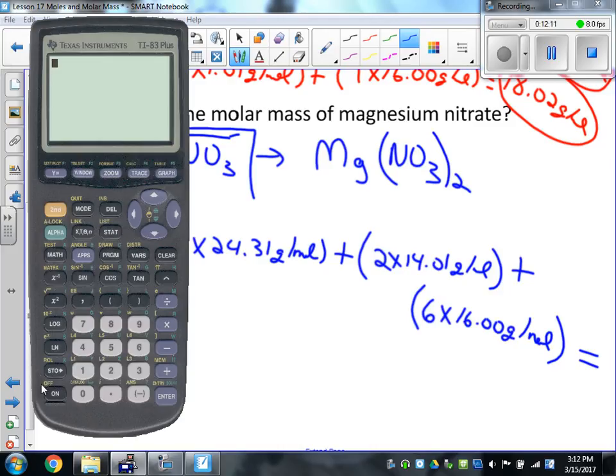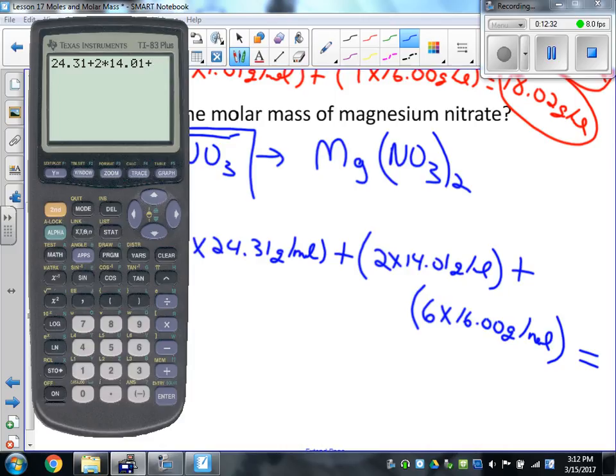Okay, so this is what I do when I type these in, guys. On this calculator here, I just go 24.31 because I only need one of those, okay? And I just type it in exactly like you see it there. I don't actually need brackets in this case because the calculator is smart enough to do the order of operations. So it will do the multiplication and add it together, okay?